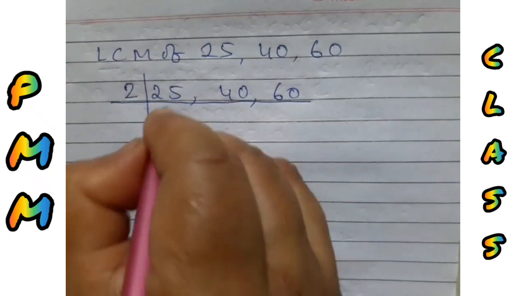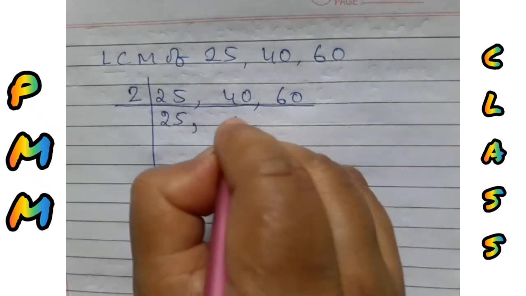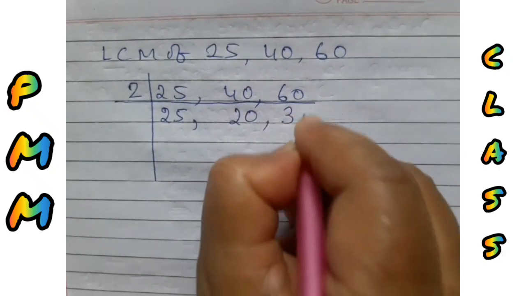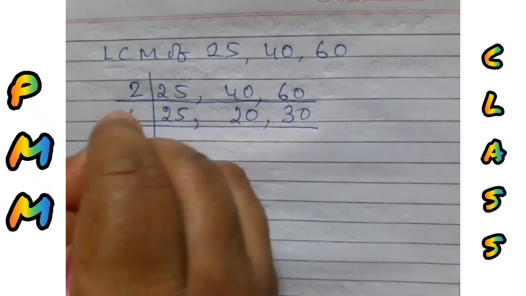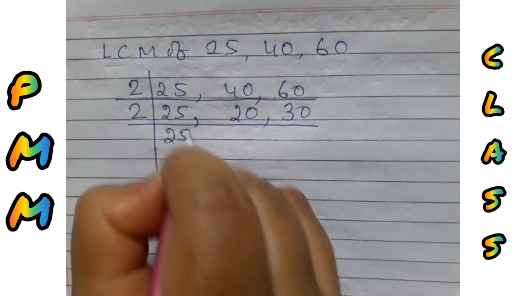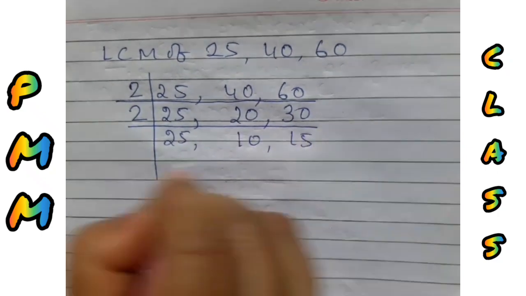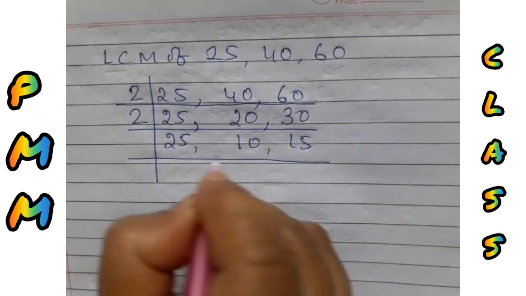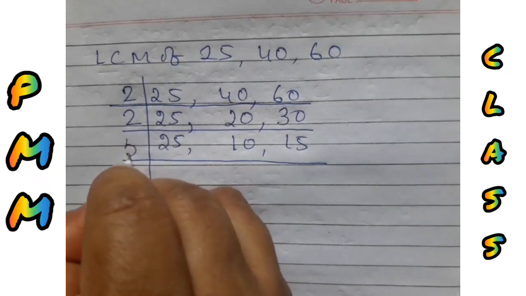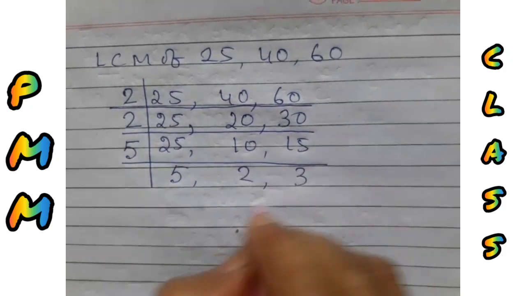Take prime number 2. 25 is not divisible by 2, so as it is; 40, 20 and 30; next, divisible by 2 also, 25 as it is, 10, 15. Next, the numbers divisible by prime number 5: 5, 5, 5 2s, 5 3s.